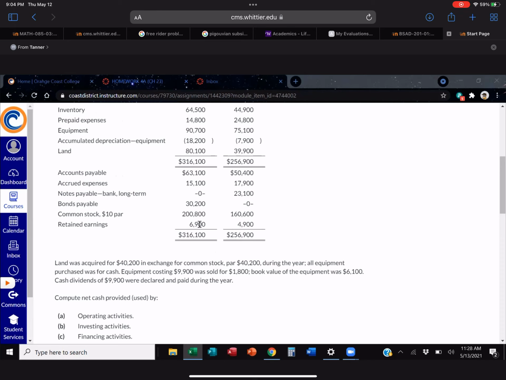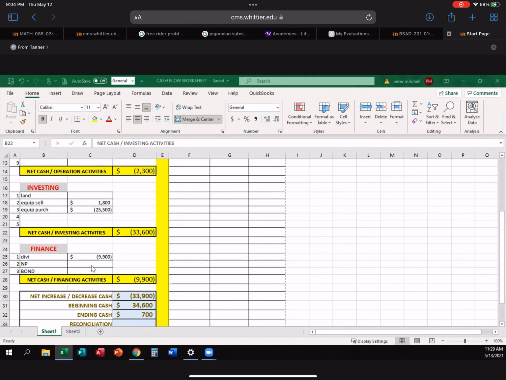We did our dividend. Oh, we've got a notes payable, but that's long term, so that's going to go under finance. It went from 23.1 to 0. That means we paid it off. It went down, so that's a minus. Remember, if it's a liability and it goes down, it's a minus. So let's go back and enter that under the finance. It went down 23,100.